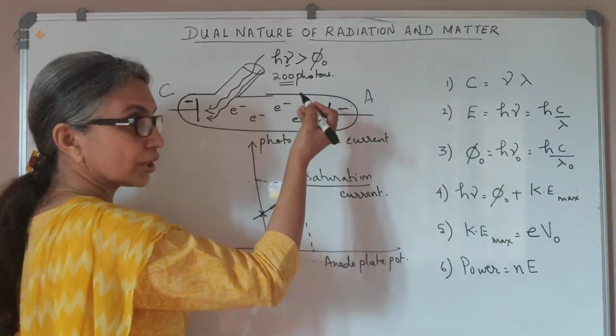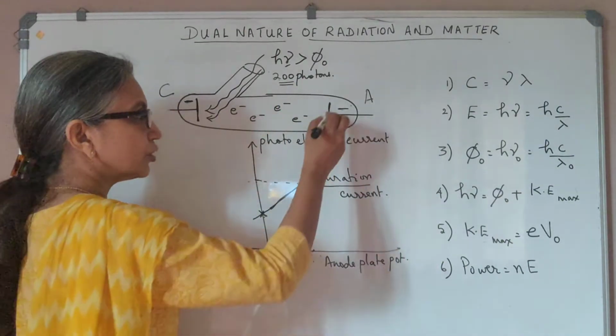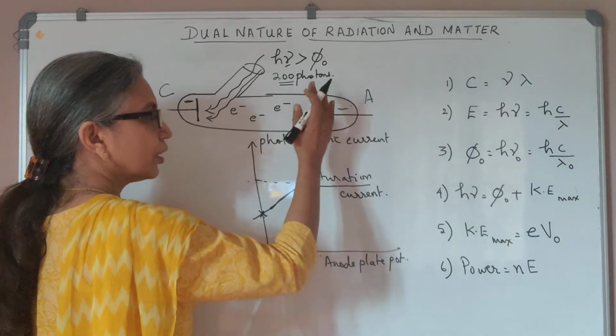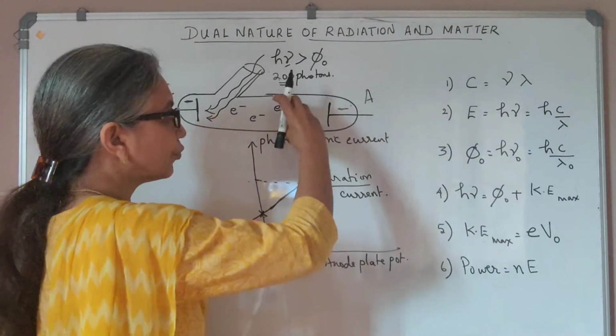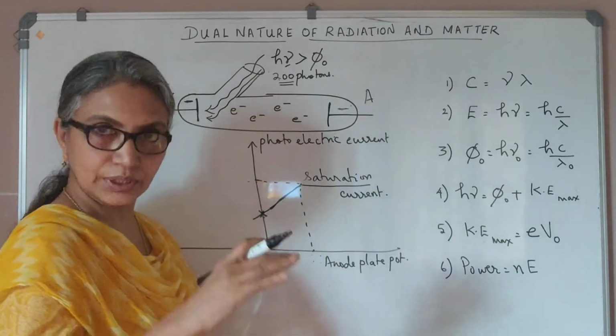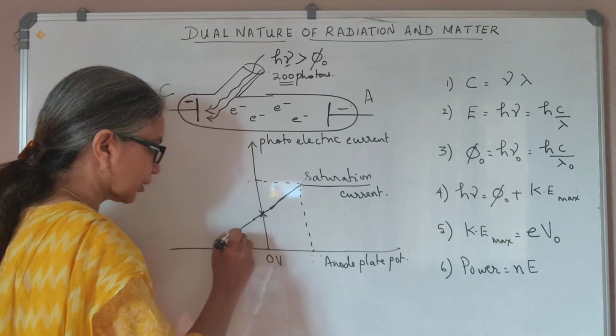The ones which have larger kinetic energy will still reach the anode and be accepted. So as you make this negative, a few of these electrons start getting repelled. So the number of electrons accepted by the anode will decrease and therefore the photoelectric current will further decrease.